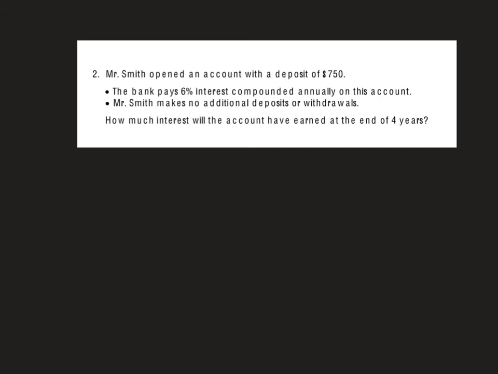Okay, so let's go through this process one more time. I read through my problem. I find out that we are compounding annually. That means that I'm going to use my compound interest formula, which is A is equal to P, 1 plus R, raised to the T. Remember that this is telling me my total amount.